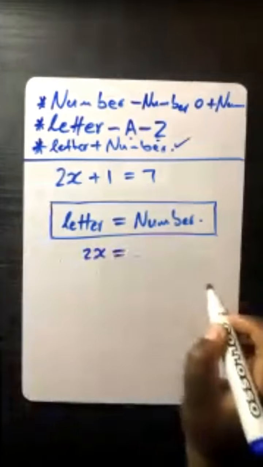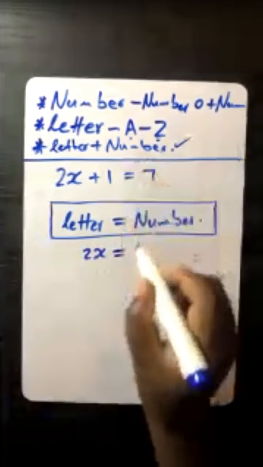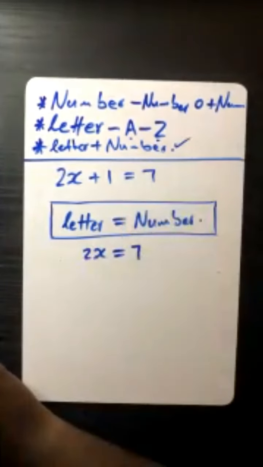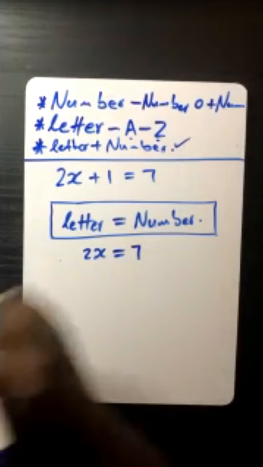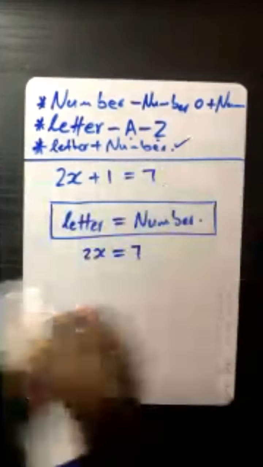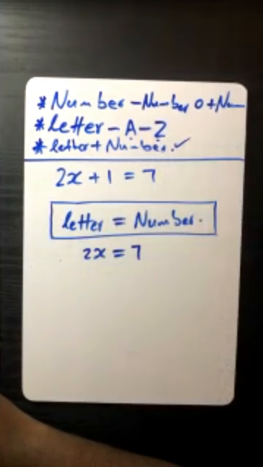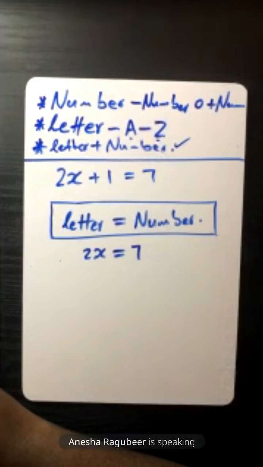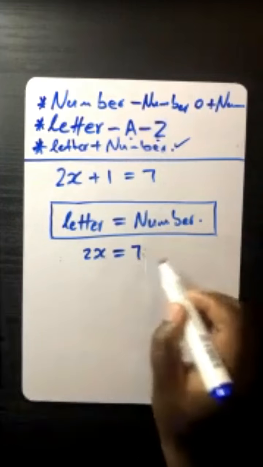Then you say it's equal to, obviously 7 was there already, isn't it? Yes, sir. So when you transpose, what happens to that 1? How do I write it on the right side? You have to take the 1 and minus. You minus 7 and 1. So how do I write 7 minus 1?